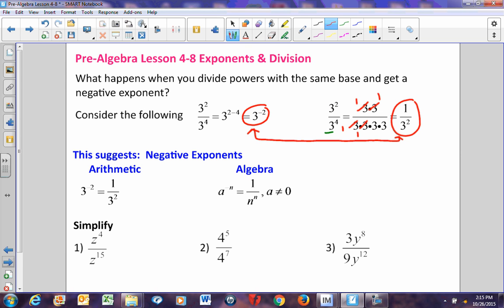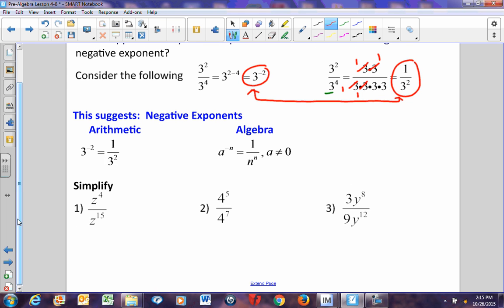If it's in the numerator and you want to make it positive, you move it to the denominator. If it's in the denominator and you want to make it positive, you move it to the numerator. So if I have 3 to the negative 2nd, that's the same thing as saying 1 over 3 to the 2nd power. A to the negative n becomes 1 over a to the n power.